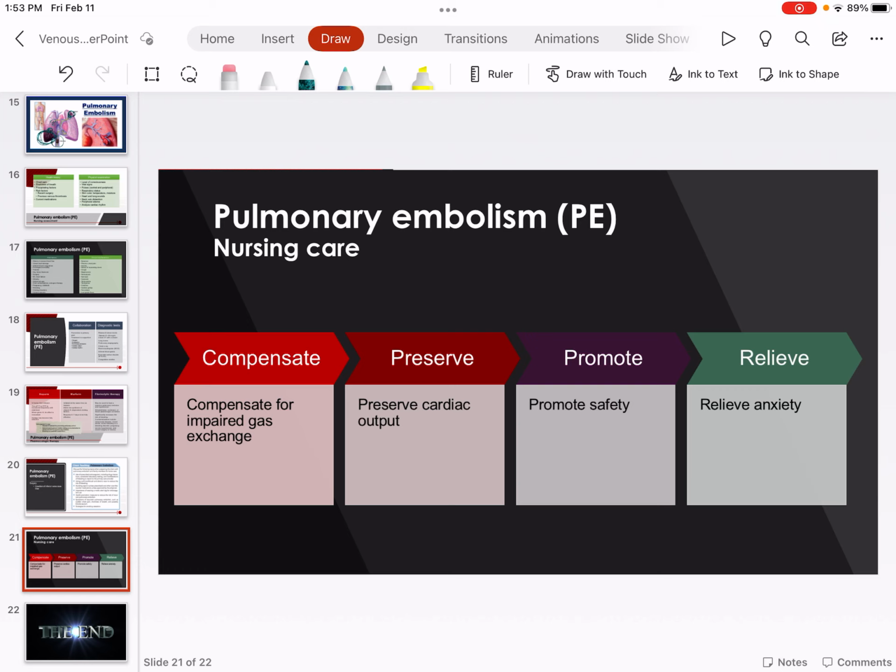All right, so now we're going to talk about pulmonary embolism. An embolus is a particle or aggregate of blood, fat, or pathogens, or it can be a bubble of air. It's really anything that's freely floating in the bloodstream. So a thromboembolus is an embolus caused by a blood clot.